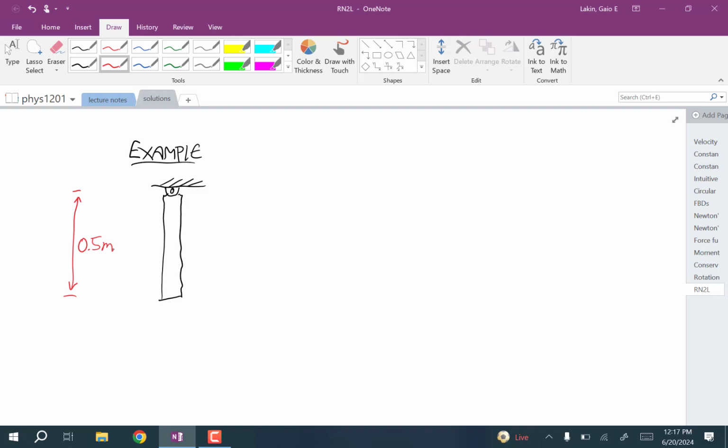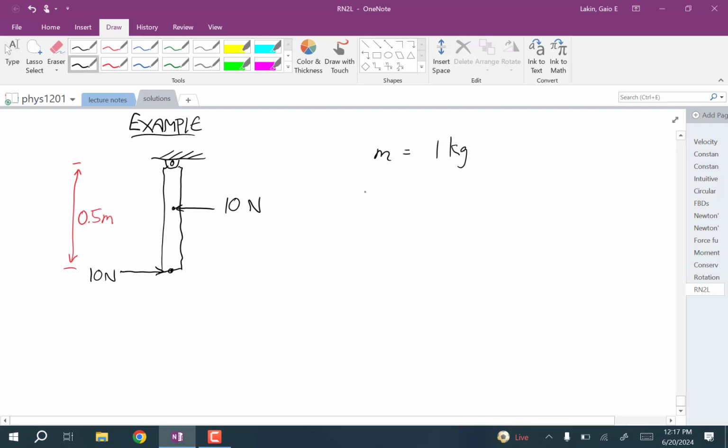I'm going to treat it as 0. Like I mentioned before, that can give good results sometimes. The mass of this beam is, I'm going to call it 1 kilogram. And I'm going to say that there's a force applied this way of 10 newtons, a force applied this way of 10 newtons.